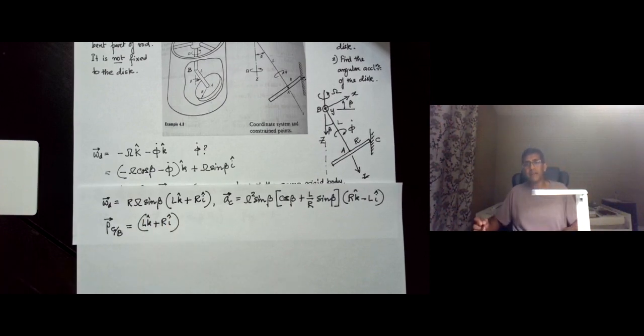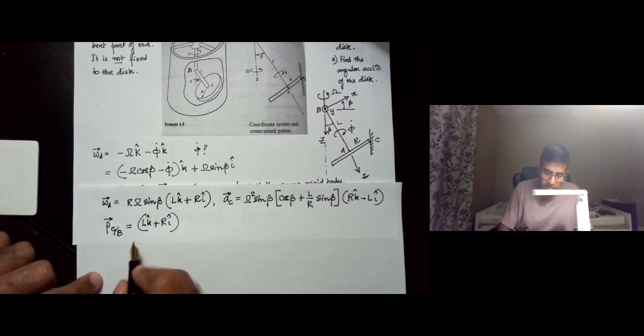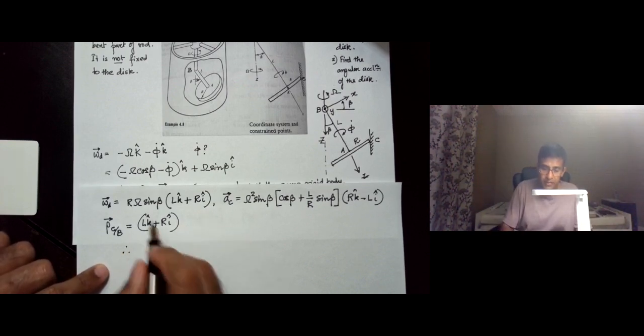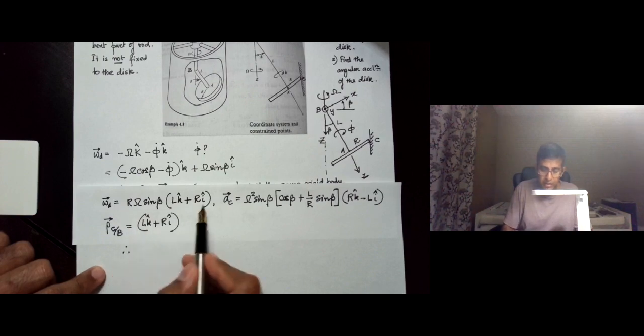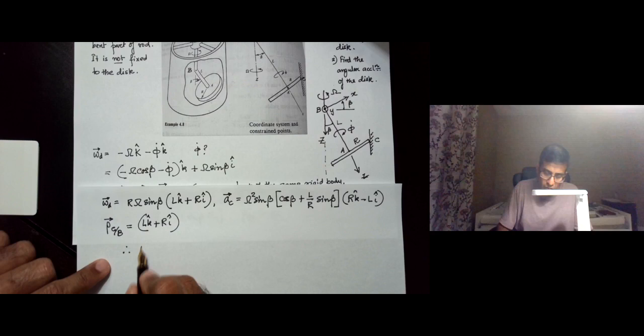Okay, so that's the vector of C with respect to B. Now you can right away see from the expression of this vector, if you compare it with the expression for omega d, one thing that we notice is that these two vectors are parallel. Okay, so we notice that omega d is parallel to rho C with respect to B.